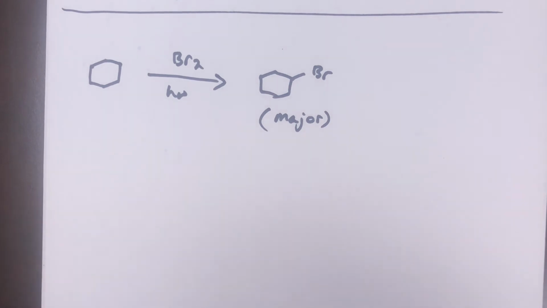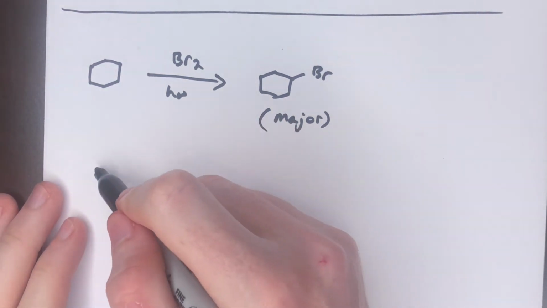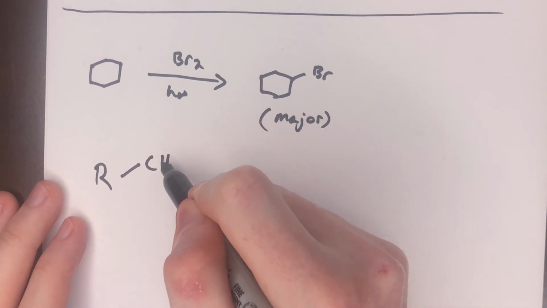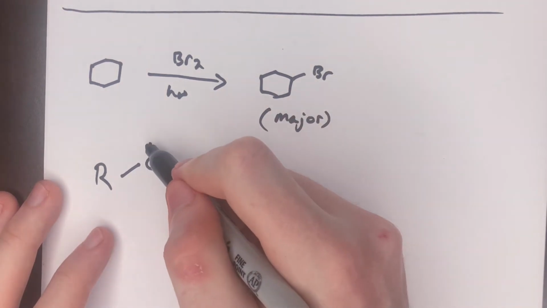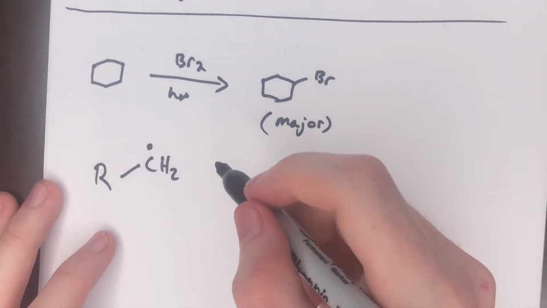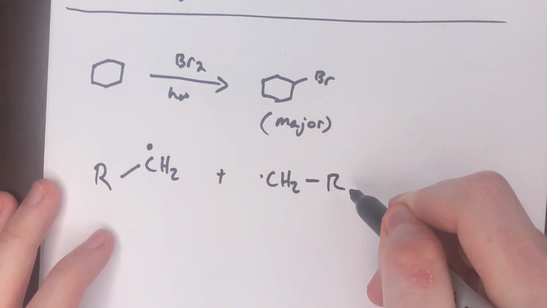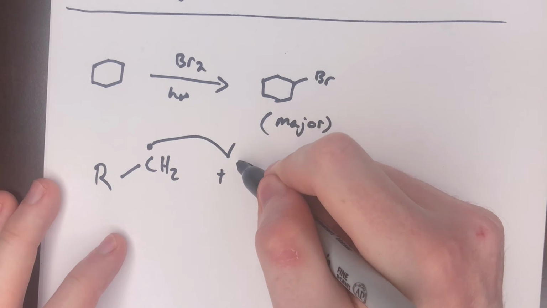So we want 2 rings in our alkane product. So we can imagine, remember, if we had just a generic alkane and its radical here like this, one of the termination steps that was originally introduced is that these 2 radicals could come together and form a new alkane.